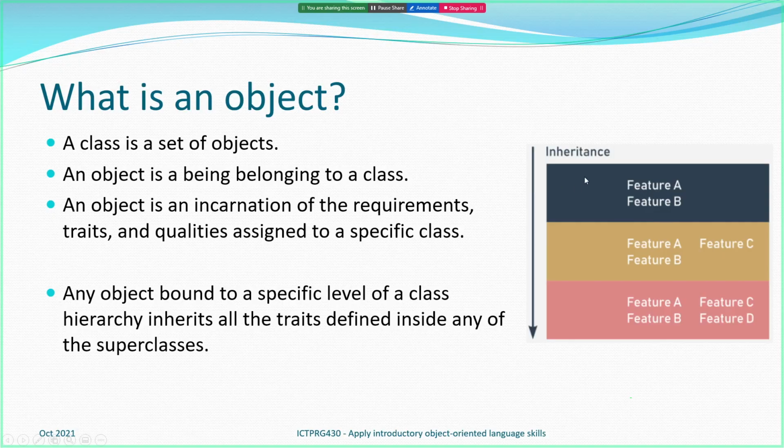Using that example, our vehicles had two attributes, features A and B. Then our land vehicles inherited A and B and added C. And then when we took it out to wheeled, we added D. So as we create more classes or more objects, they inherit the properties from where they've been generated from.